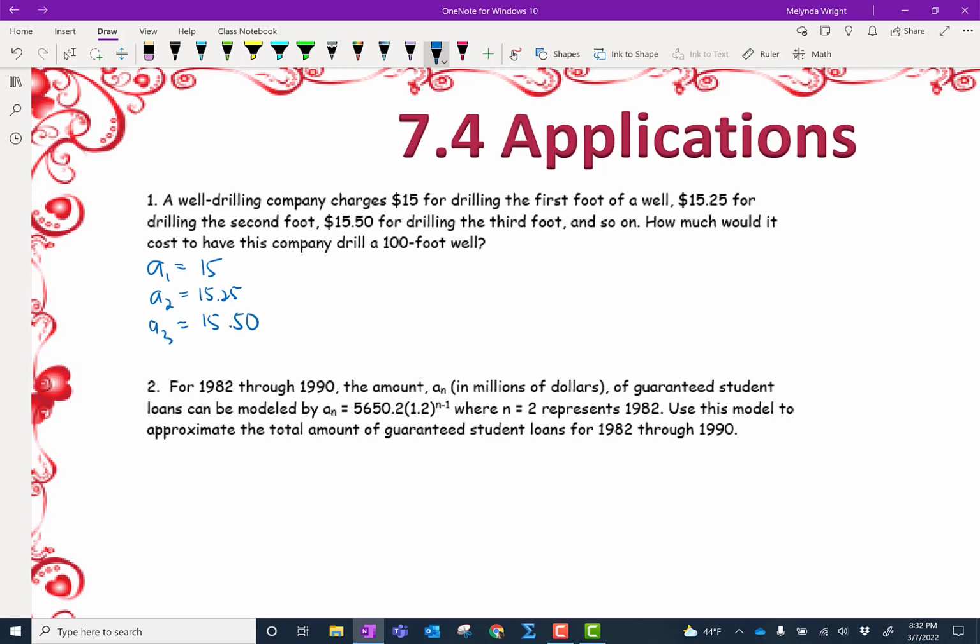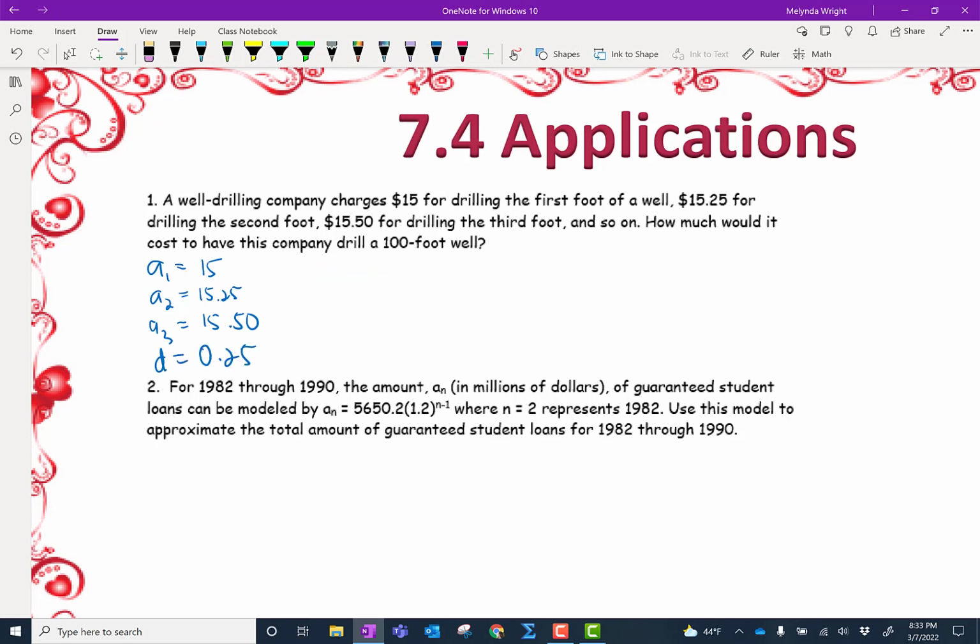Okay, let's see, what kind do we think that is? Well, looks like arithmetic. If we do 15.25 minus 15, we get 25 cents. Okay, so good. So our D is going to be 0.25.